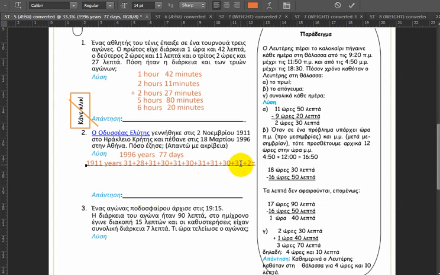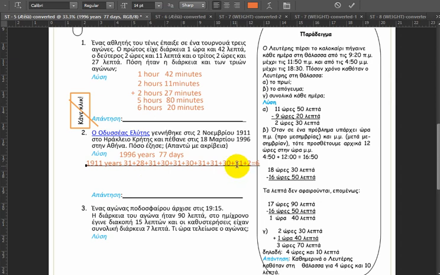2 and 1 makes 3, and 0 makes 3, and 1 makes 4, and 1 makes 5, and 0 makes 5, and 1 makes 6, and 0 makes 6, and 1 makes 7, and 8 makes 15, and 1 makes 16, so I would write 6 and carry 1.